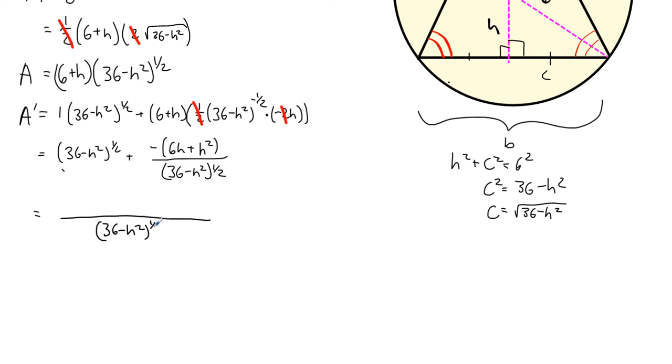both fractions. But if you remember your properties of exponents, if I go a to the 1/2 times a to the 1/2, I add my exponents, which would give me a just to the first. If I multiply 36 minus h squared to the 1/2 times 36 minus h squared to the 1/2, I get that to the first, and so I can get rid of those parentheses and say it's 36 minus h squared now to the first, and then it'll be minus 6h and then minus h squared.